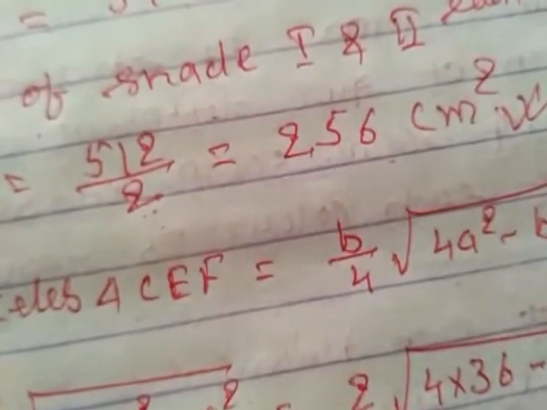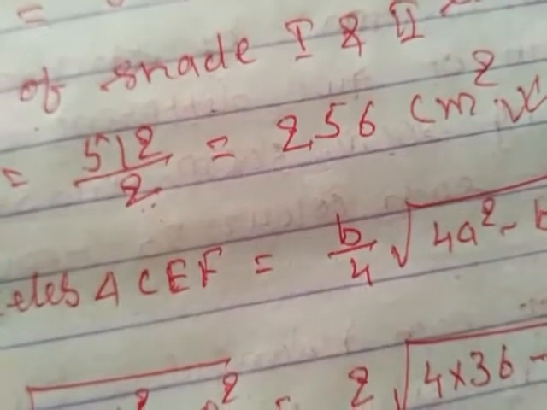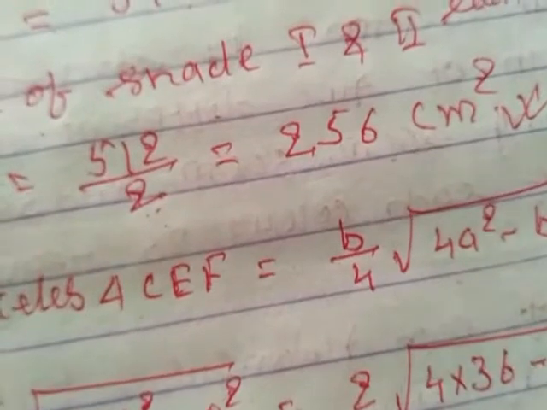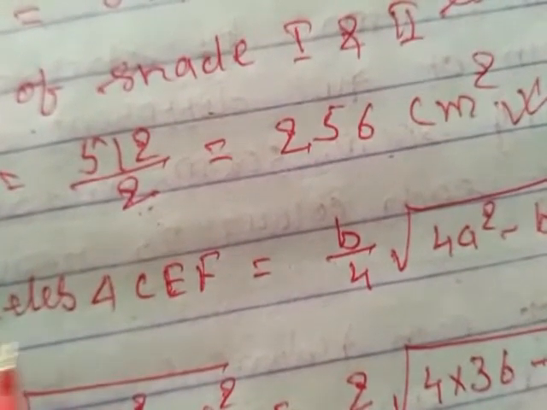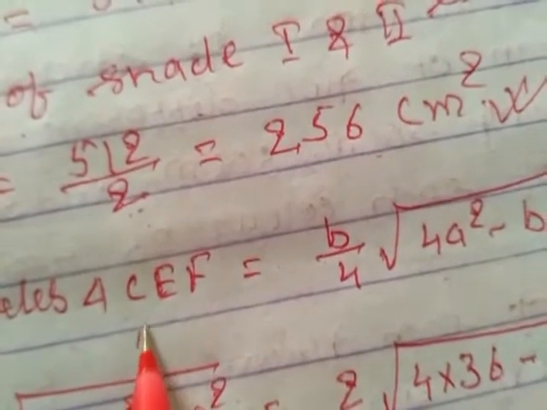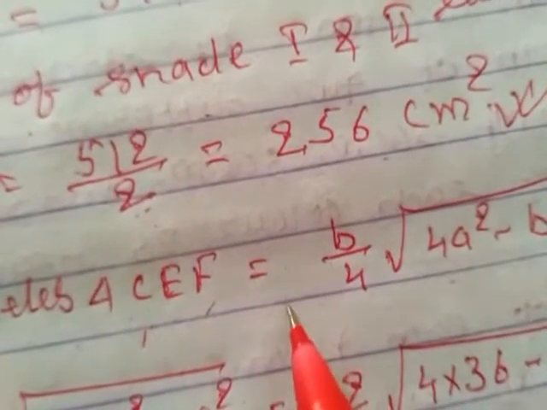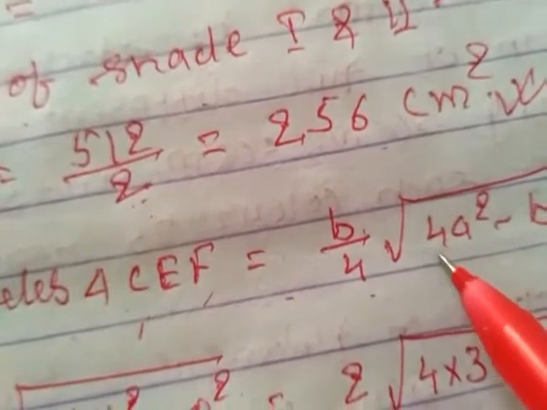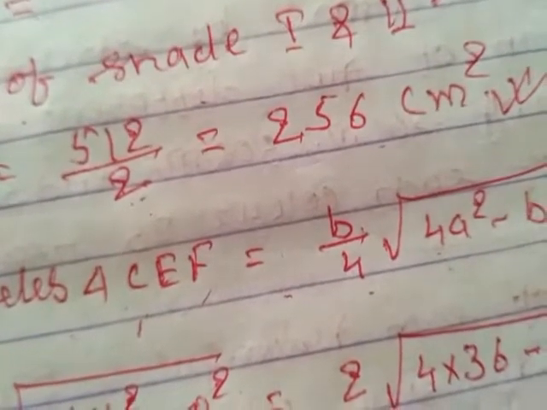Now come to this isosceles triangle ECF. So area of isosceles triangle CEF equals b by 4 under root 4a square minus b square.